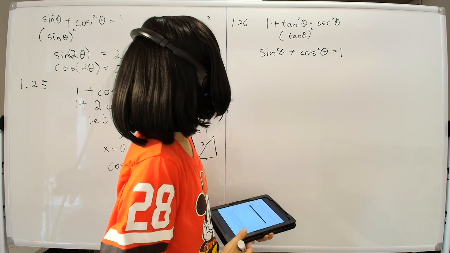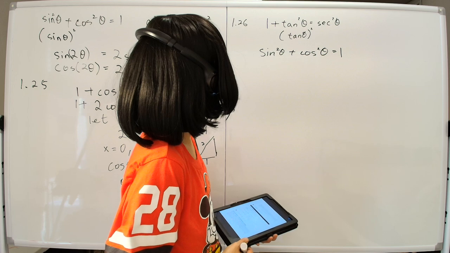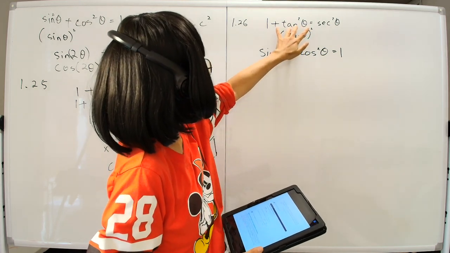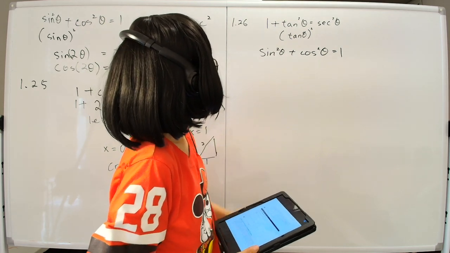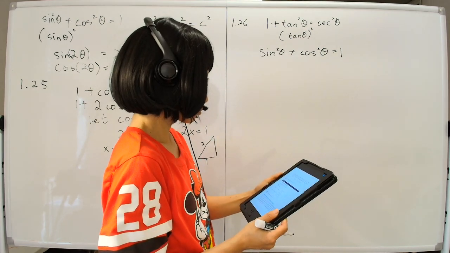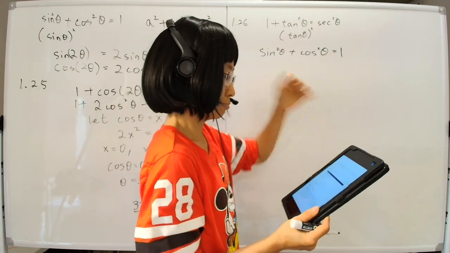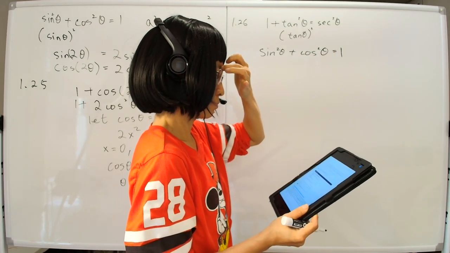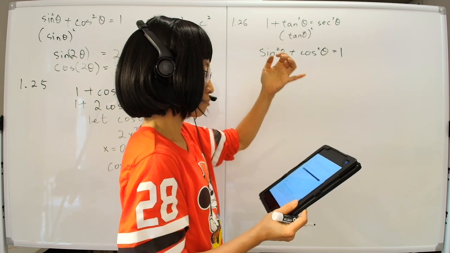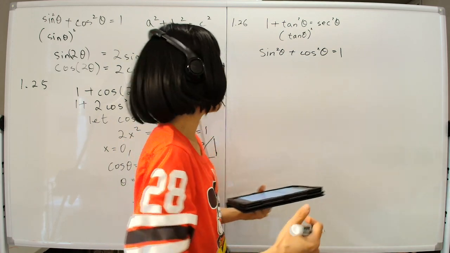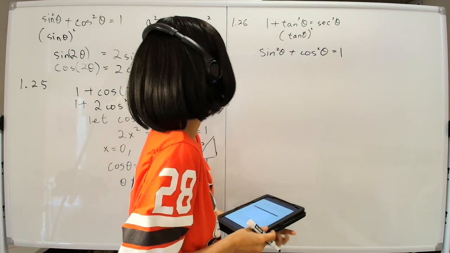What are we dividing it by? Tangent. Let's see, tangent is sine over cosine, right? Yeah, tangent is sine over cosine. Let's make tangent happen and see if anything interesting comes out.